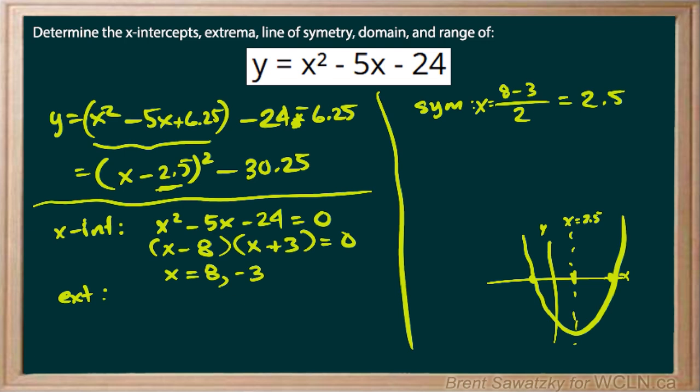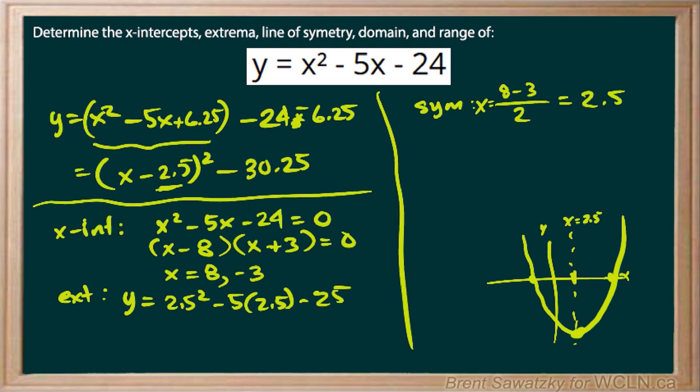So now from the extrema point of view, we definitely know that it's a minimum. And we know that the x value is 2.5. What's the y value? Well, if we go back to our original equation, y equals x squared minus 5x minus 24, we plug in 2.5 squared minus 5 times 2.5 minus 24.